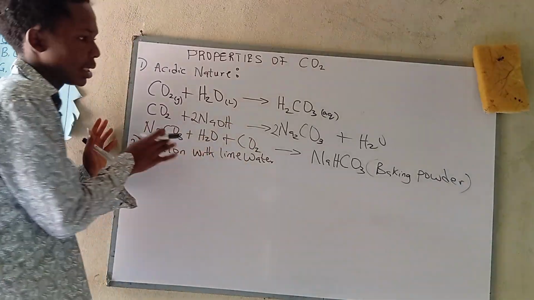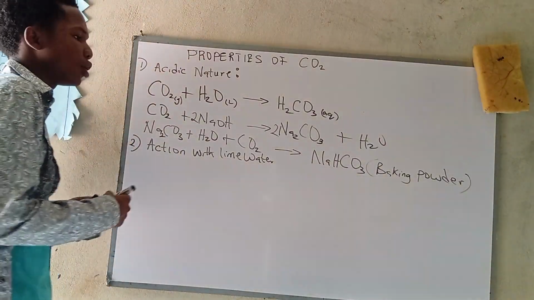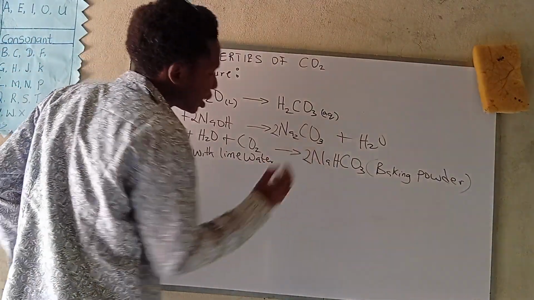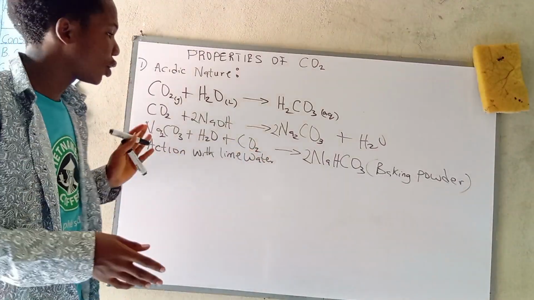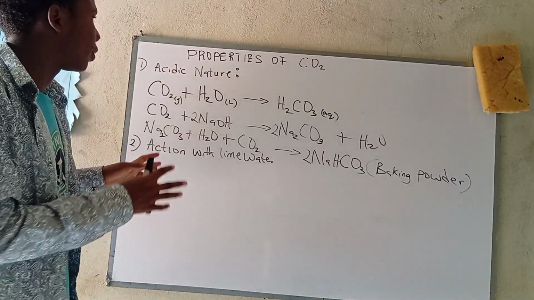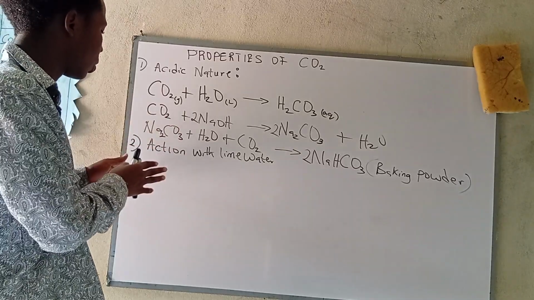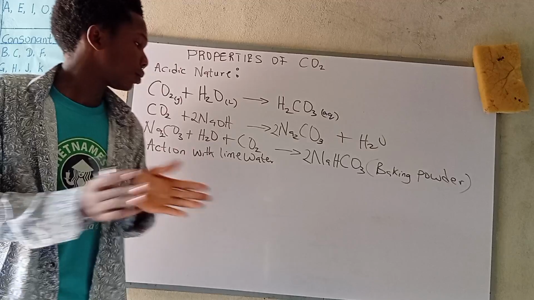We have six oxygen here, but we have only 3 oxygen. So we just have to put 2 here. And voila, the equation is balanced. So now, next up, we have to look into the second property of CO2.